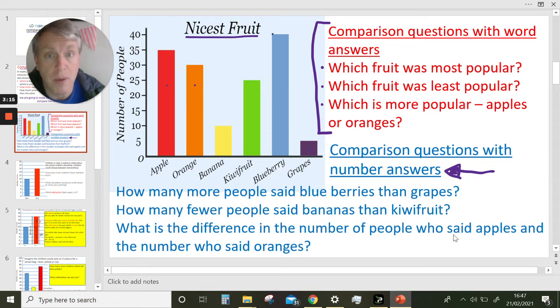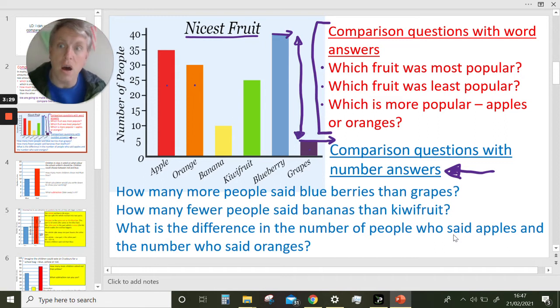Blueberries the most popular up here, grapes down here. So we're looking for a number answer to that question. How many fewer people means how many less. What's the difference in the number of people who said apples and the number who said oranges?